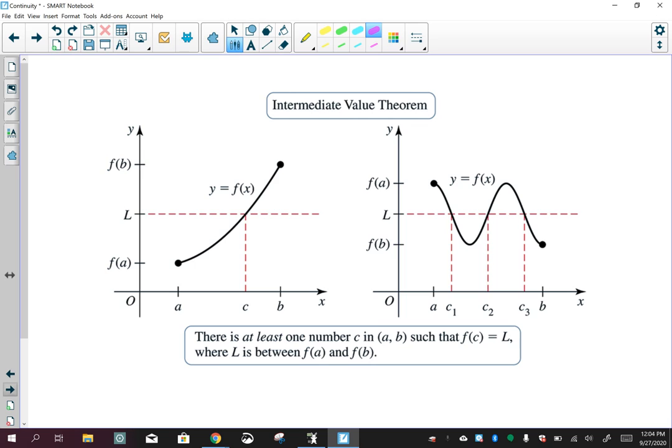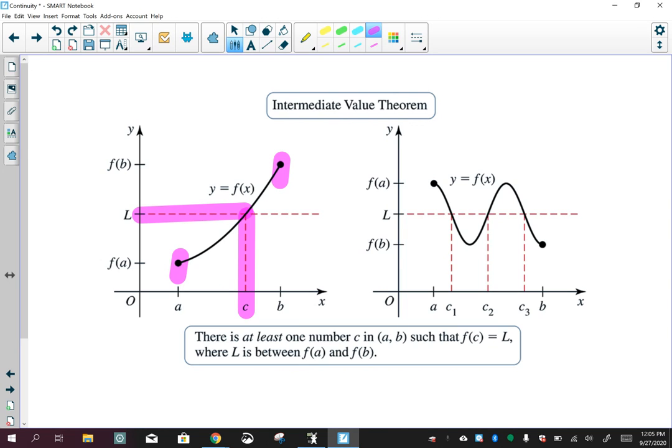So if I'm looking at the intermediate value theorem here, this is saying I am closed here and I'm closed here. So if I pick some random value, and if you notice I'm defined all the way between my two closed values here. If I pick some value C that's in between A and B, I am actually going to have a limit at that point here on this interval.